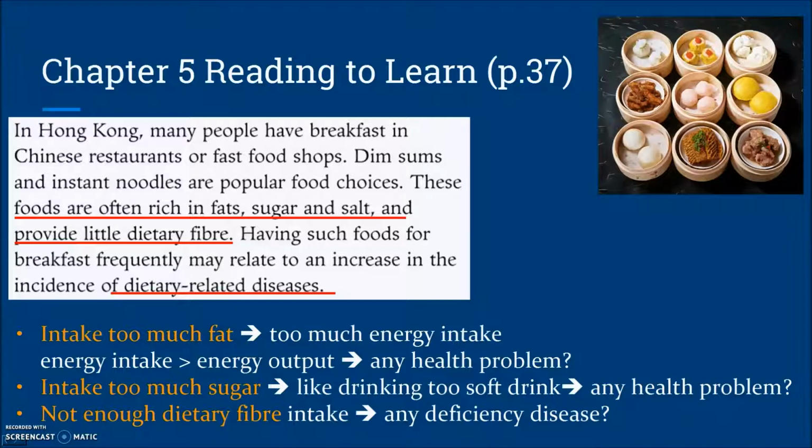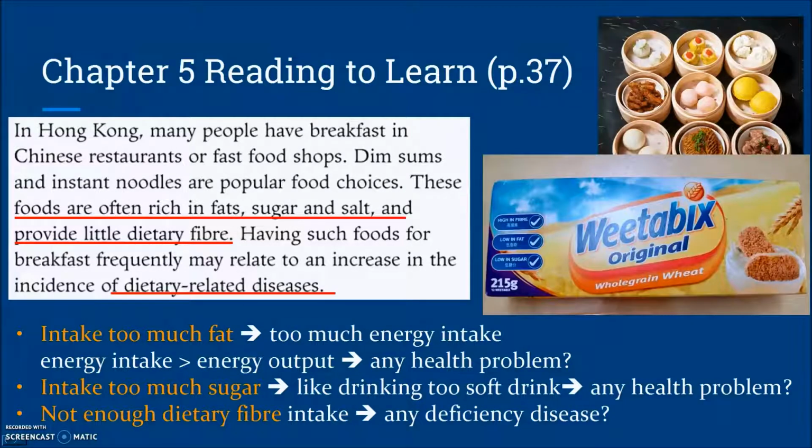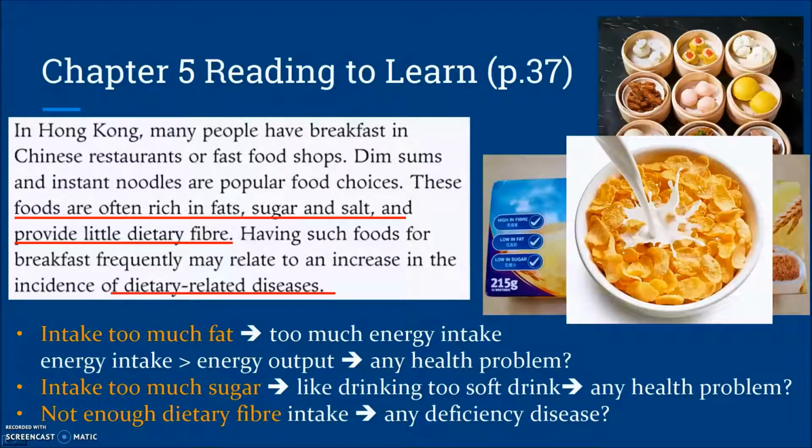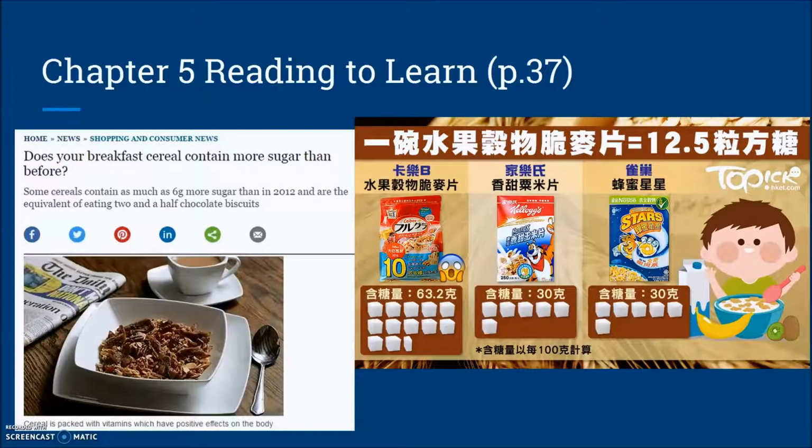And the point is that you may think that, apart from the Chinese or Hong Kong breakfast, we know that some Western breakfast, the wheat and also the cereal, you may have heard that this kind of food is very healthy, but I want to tell you that according to some research, the sugar level in the cereal breakfast is quite high.